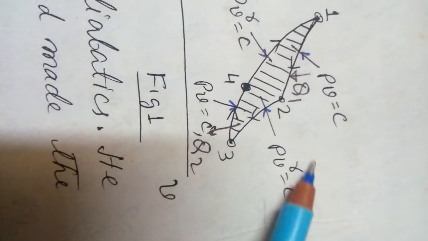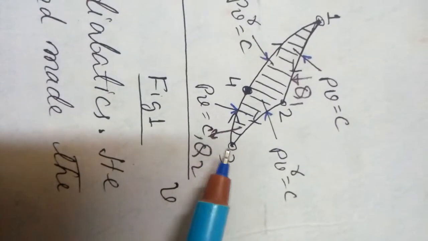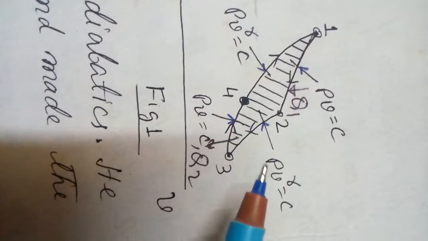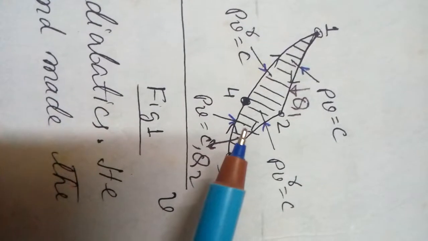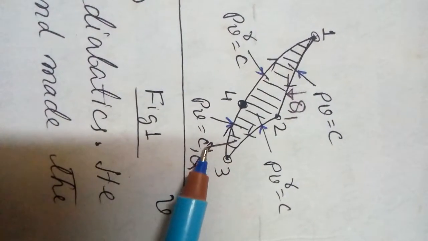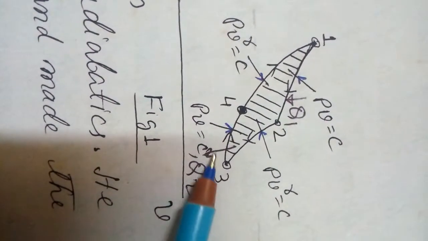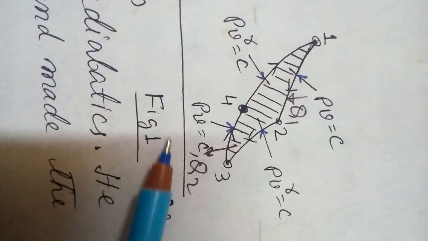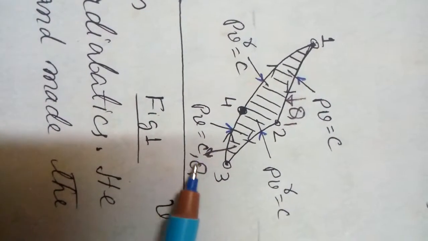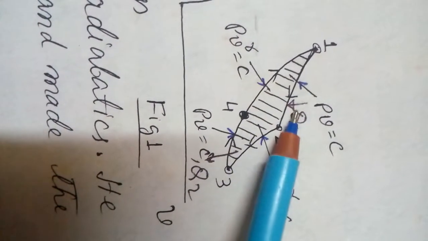This is the equation for adiabatic process. Then 3 to 4. Again, this is an isothermal heat rejection, that is the Q2. This is heat rejection to the atmosphere. This is the sink, to the sink, and this heat is added from the source.